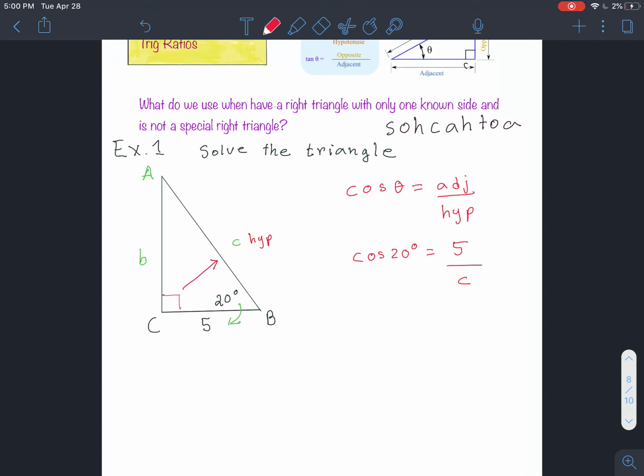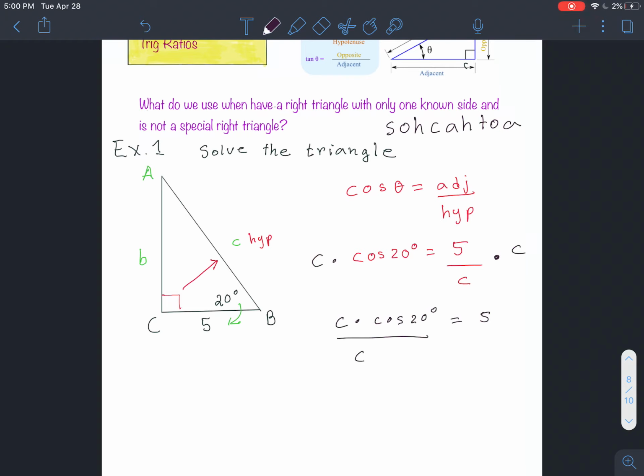So you have to think about the inverse of 5 divided by C. If we want to get rid of C in the denominator, instead of dividing by C, we need to multiply by C. And multiplying by C just makes it a little more approachable to solve for C. So now what you need to know is that cosine of 20 is a number. So if you want to get rid of that, what's the inverse of C times cosine of 20?